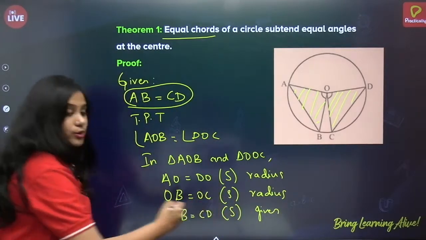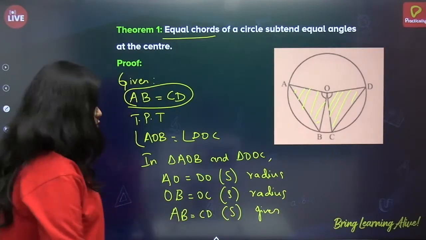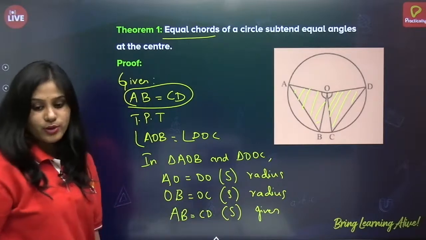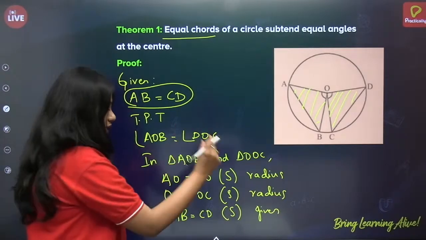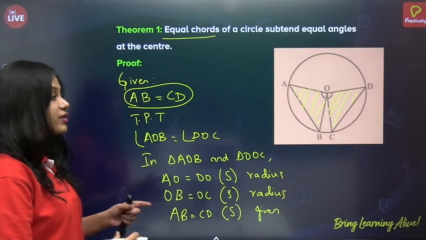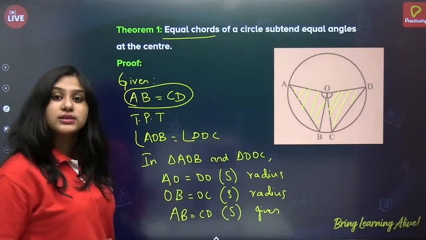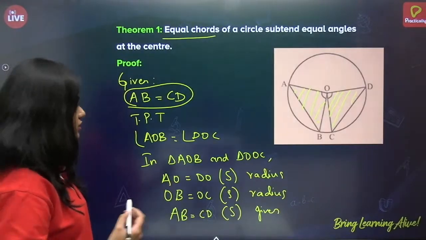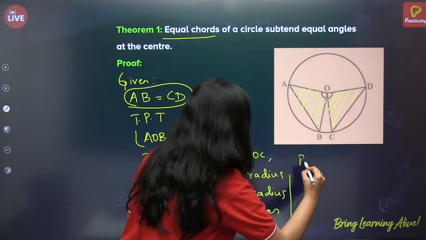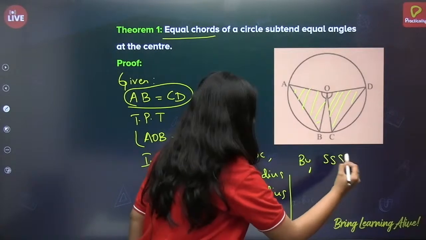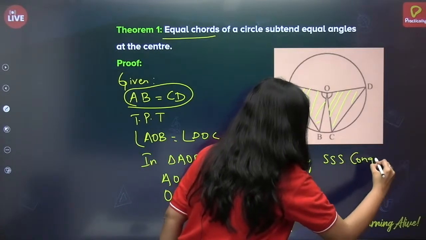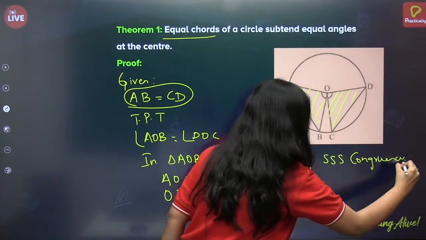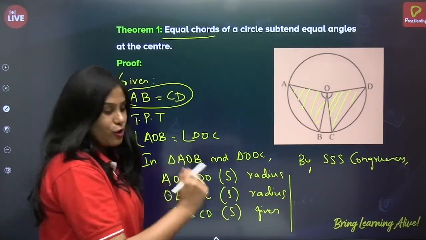So which congruency are we using here? We are using SSS congruency. So if we use SSS congruency, we can prove that these two triangles are congruent. So by SSS congruency, these two triangles are congruent.